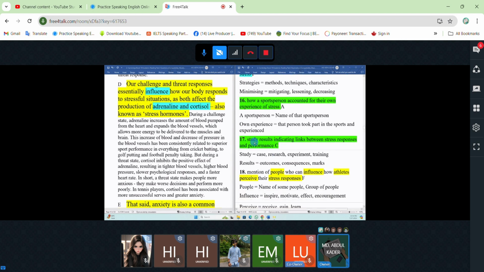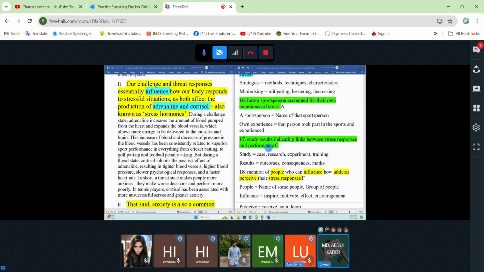Study results: instead of study you will have the word case, research, experiments, training. Link between stress responses and performances. Result means outcomes, consequences, and marks. I was also able to make you understand properly what the link between stress responses and performance is, because two stress responses are there, one positive and another negative.